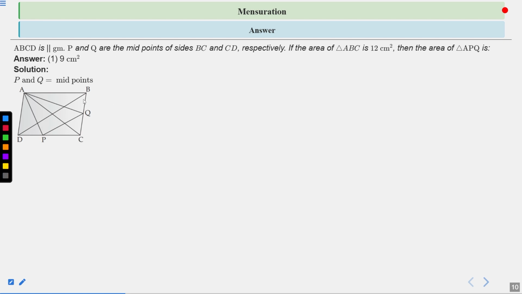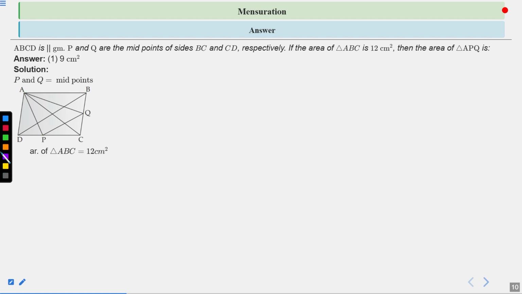P and Q are the midpoints, so we let Q be the midpoint of BC and P the midpoint of CD. So the question says that the area of triangle ABC, which is A, B and C, is 12 square centimeter, and we need to calculate the area of A, P and Q.